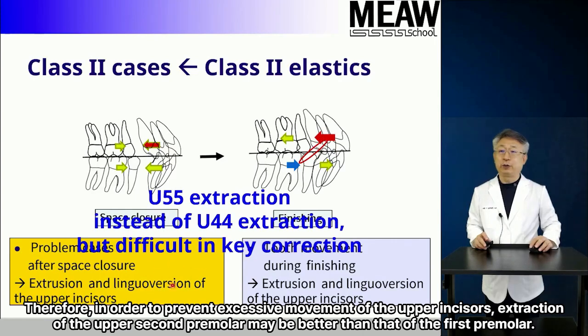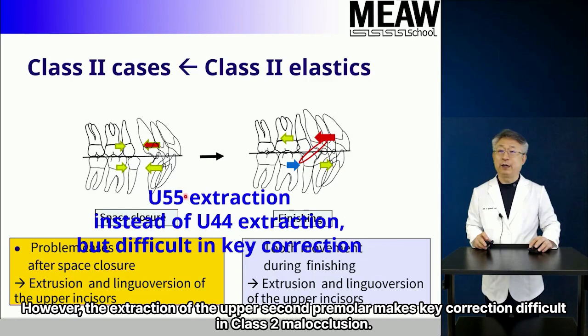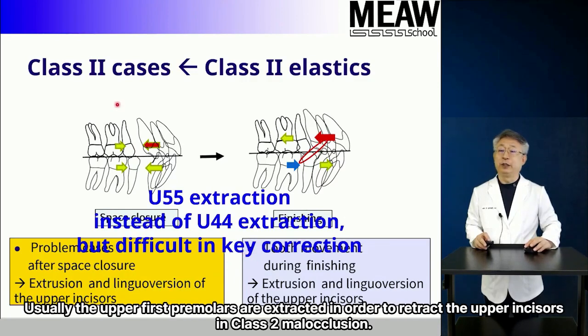Therefore, in order to prevent excessive movement of the upper incisors, extraction of the upper second premolar may be better than that of the first premolar. However, the extraction of the upper second premolar makes key correction difficult in Class 2 malocclusion. Usually the upper first premolars are extracted in order to retract the upper incisors in Class 2 malocclusion.